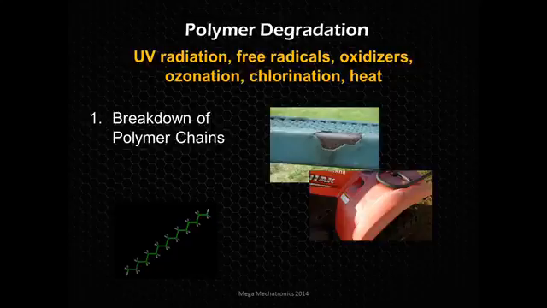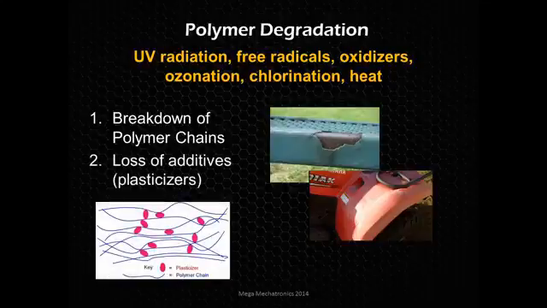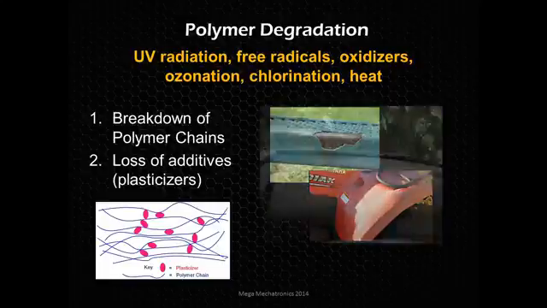Polymers are just a bunch of these chains, and you start breaking those down. As well as loss of additives, the plasticizers within that polymer. You can see the plasticizers hold apart those polymer chains and separate them, and give it more flexibility, and it makes it less brittle.